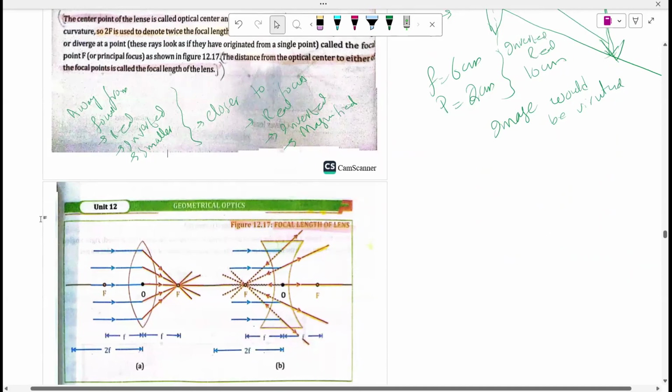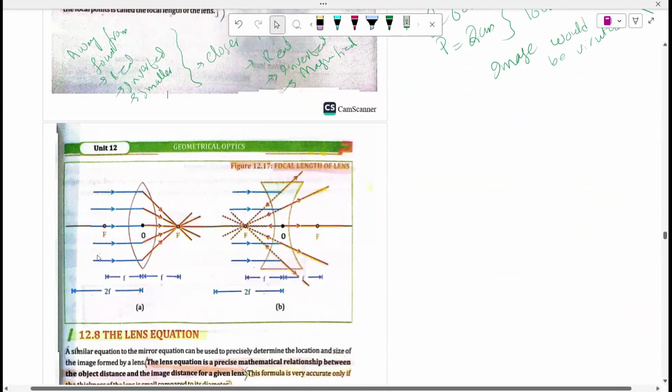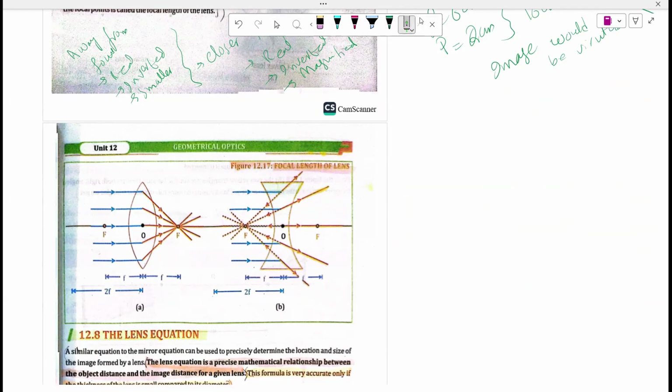Yes. Okay, one more common thing which you must memorize and keep in your mind: the role of parallel rays. You could see that these are all parallel rays, and after passing through the lens they converge to a point.